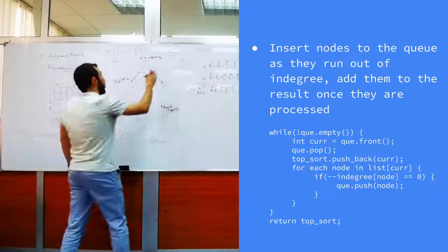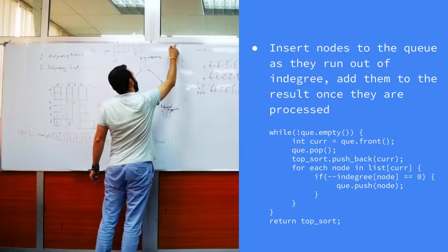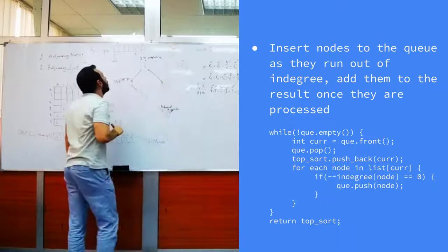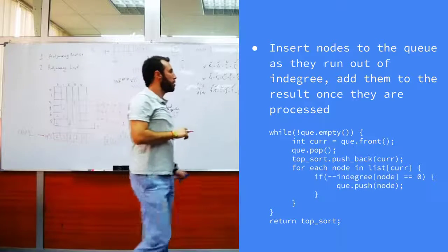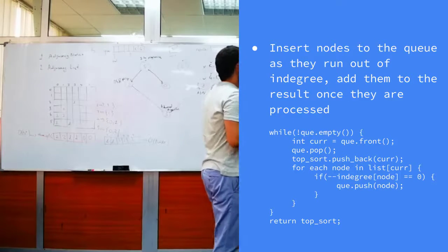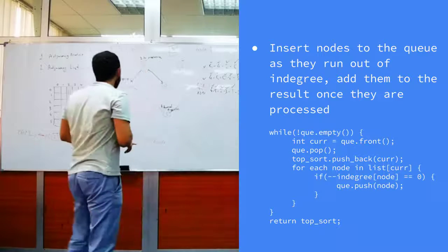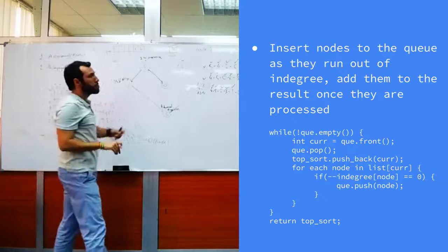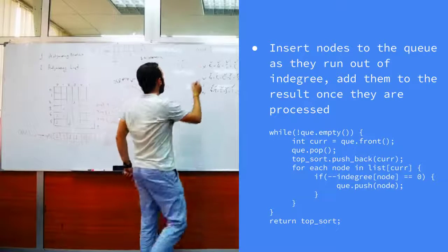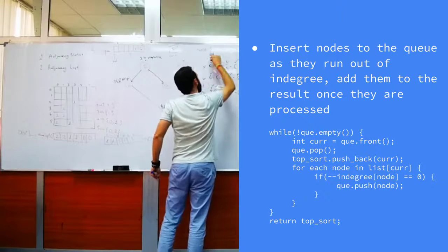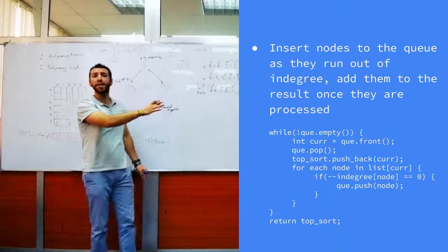No. And now my current is going to be 5. I will apply the same thing to 5 as well. So 5 is popped and we add it to our result. It's pushed back, therefore it is added to the end of the list.